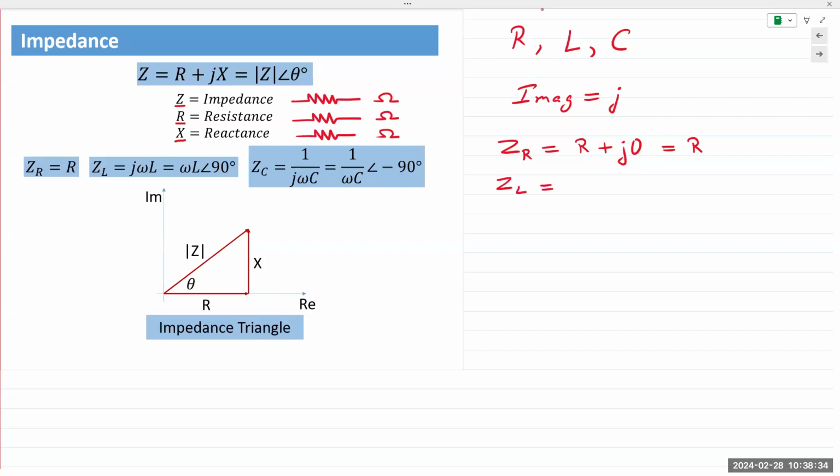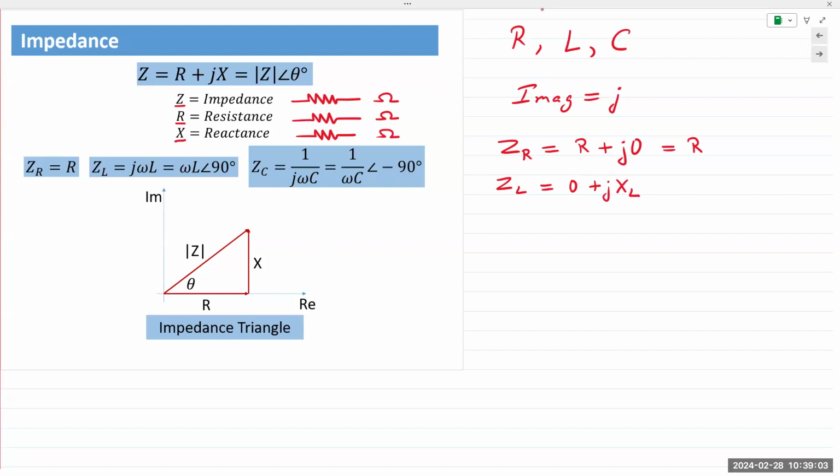ZL, however, does not have any resistance. An ideal inductor does not have any resistance. It is supposed to be a short circuit, 0 ohm resistance. Okay. And when we perform theoretical analysis, all components are ideal. Resistors are ideal, inductors are ideal, capacitors are ideal.